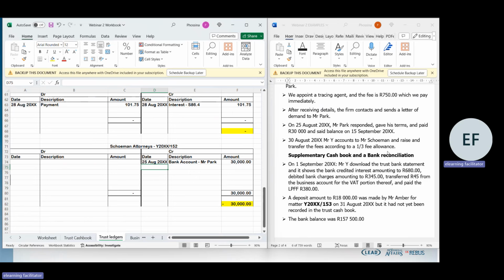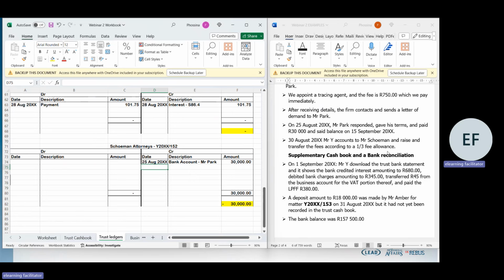So it's 3,000 plus 450 to give us 3,450. And that VAT account also is going to be affected by the 1/3 allowance. And how much is that? It is divided by 3, like that.